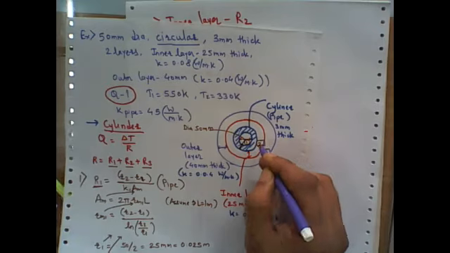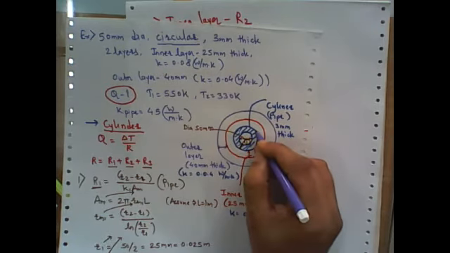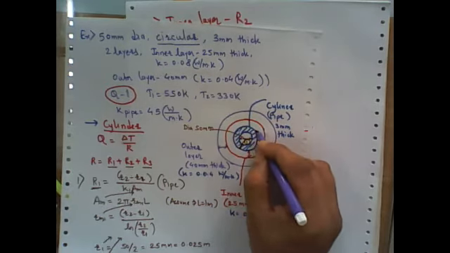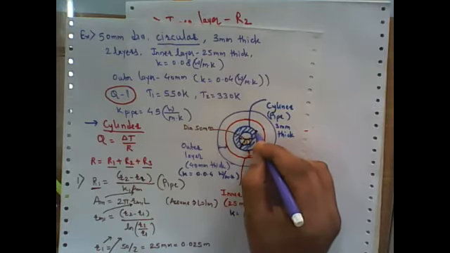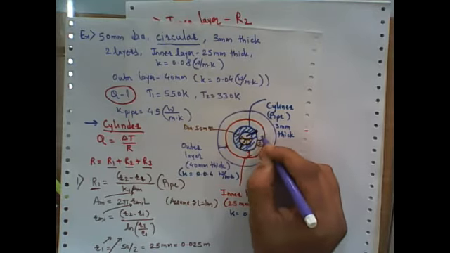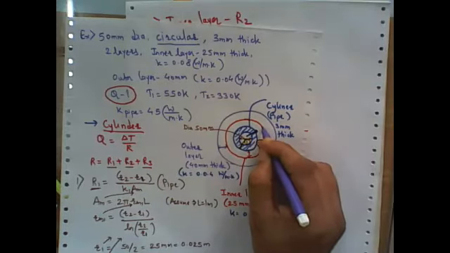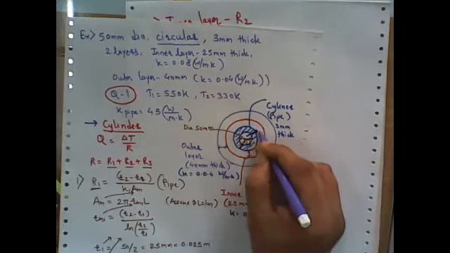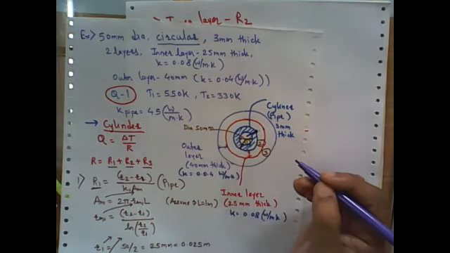For this layer, this is the inner radius and this is the outer radius. The outer radius of the pipe is the inner radius for the inner layer case, and the outer radius for the inner layer is the outer radius of the pipe plus thickness, right?